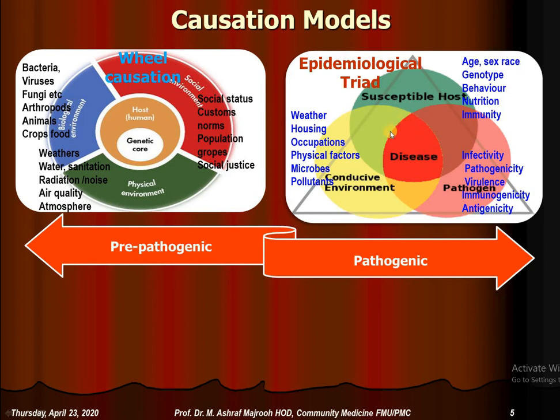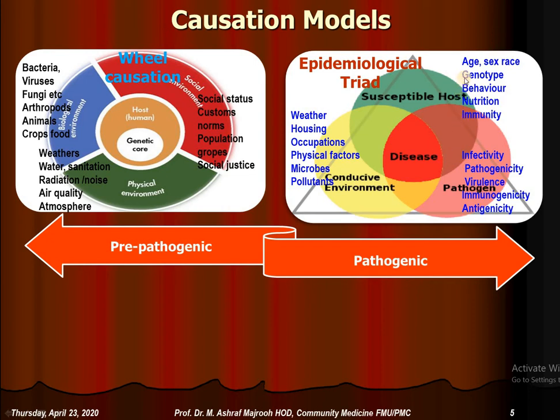And this is the disease area, which indicates that these factors act synergistically to cause the disease, with a contribution from the host, a contribution from the environment, and a contribution from the pathogens.